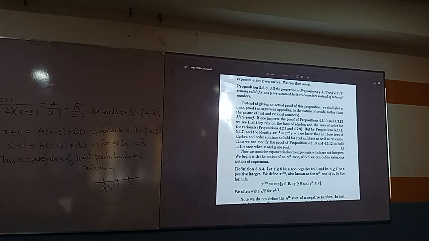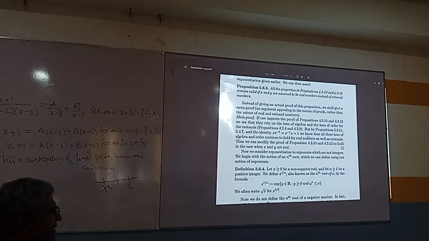The same way he defined the square root, no? Over there he took x squared less than 2. So we often write square root x for x to the 1 half. Same thing here. X to the 1 over n is again a supremum of all non-negative numbers that satisfy y to the n less than or equal to x.